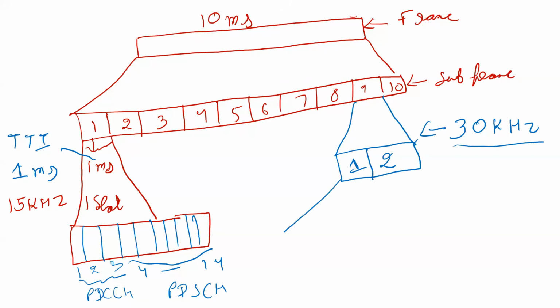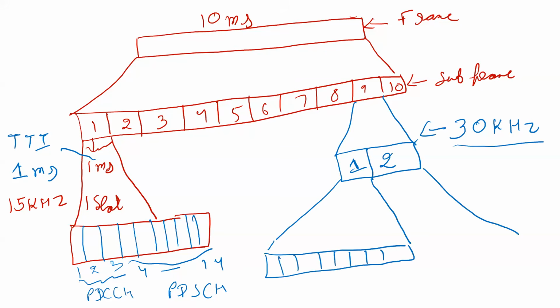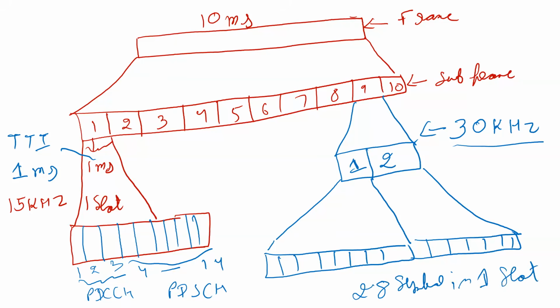Slot number 1 will have 14 OFDM symbols, and slot number 2 will also have 14 OFDM symbols. So in case of 30 kilohertz, there will be 28 symbols in one subframe, and our TTI will reduce to 0.5 millisecond.